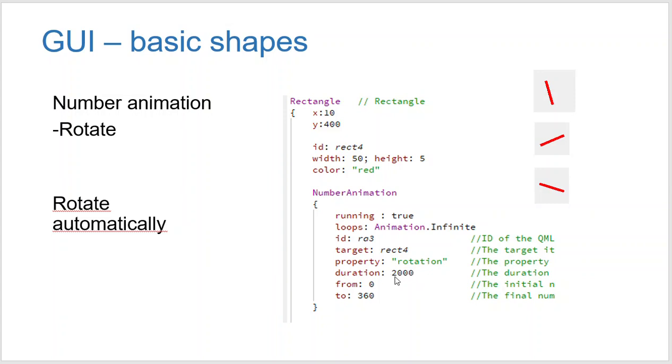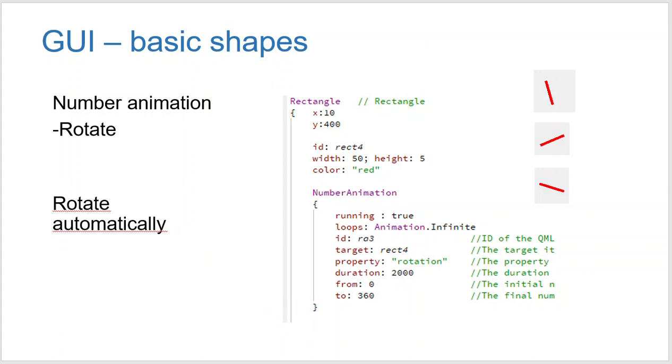The duration means what that one loop time is. So this means 2 seconds. The whole animation here will last 2 seconds. And property means which property value we are going to animate. Here I define the rotation, so it means the shape will turn around, and this is the start angle and end angle for that.